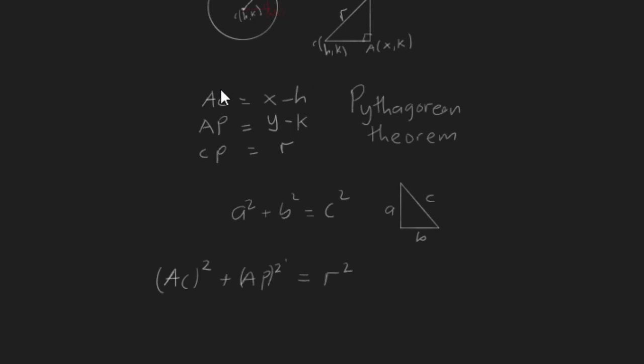And then we're able to deduce that AC is X minus H from here. So instead of AC, we put X minus H square plus AP, which is also Y minus K square, is equal to R square.